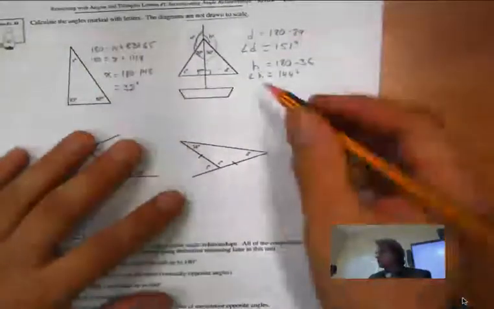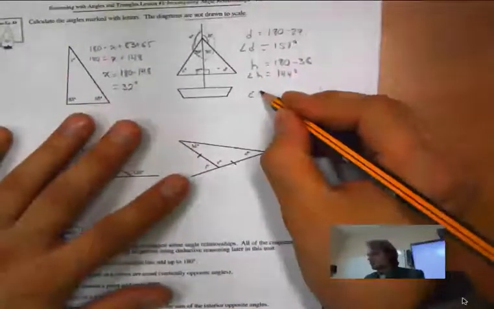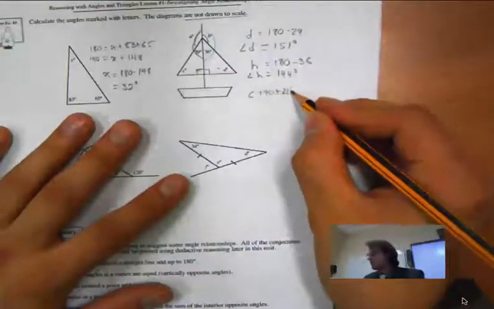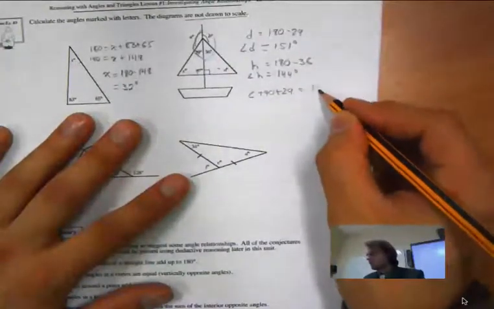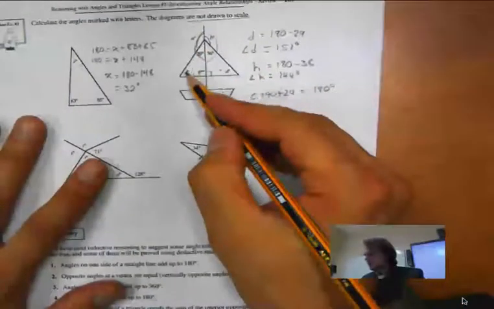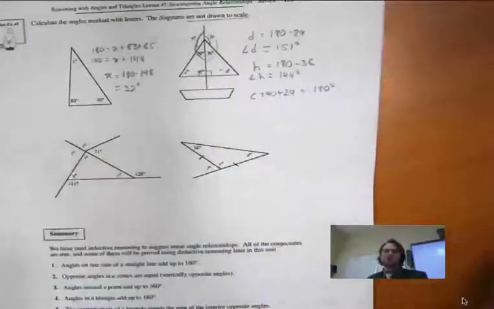So let's take a look at angle C. I'm going to calculate angle C two different ways. So for angle C, I'm going to look at the triangle. So angle C plus 90 plus 29 is equal to 180 degrees, because we have these three angles that make up a triangle. Sum of all angles in triangles is 180.